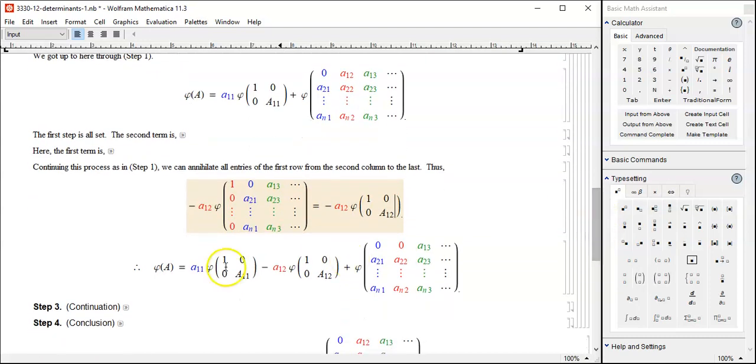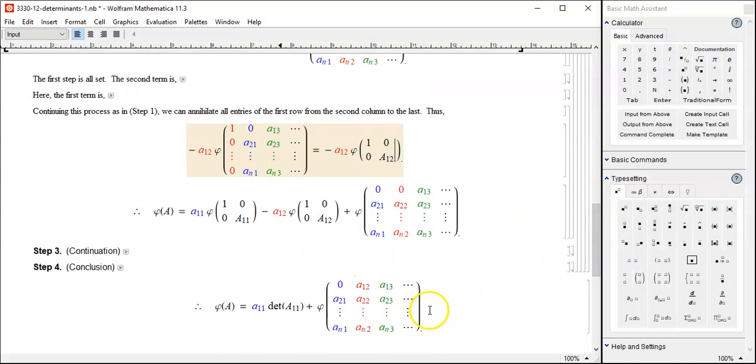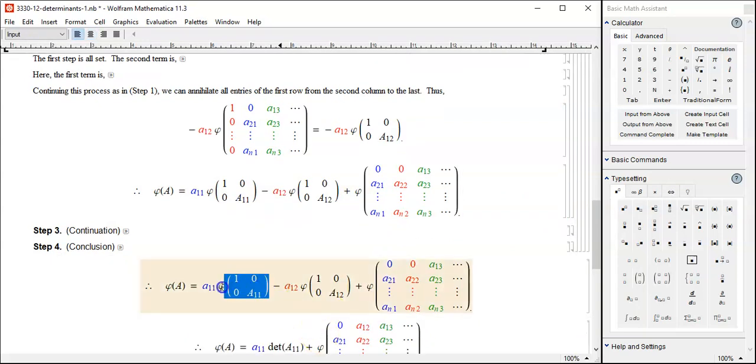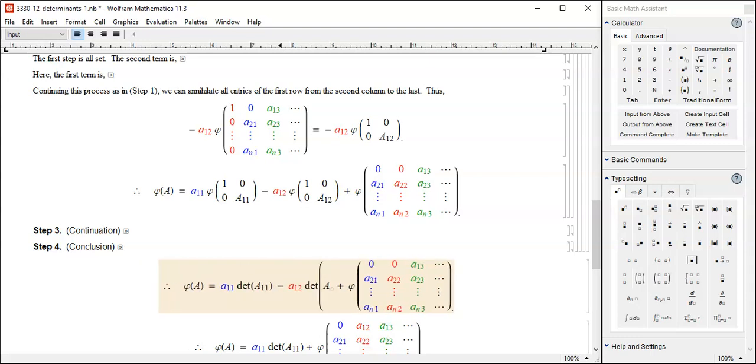So what we have, A11 phi of this, A12 phi of that, but as I showed you before, you can reduce this into a multilinear alternating function with identity property for n-1 dimension, so it's a determinant. And likewise, this 2 is a determinant. So as a matter of fact, we got up to here. This is the determinant of A11, and this is the determinant of A12.